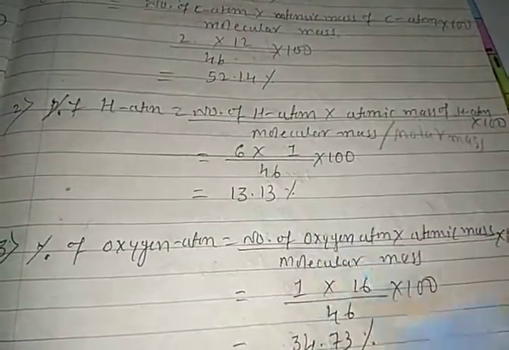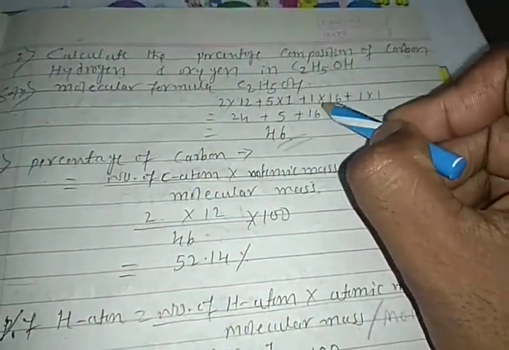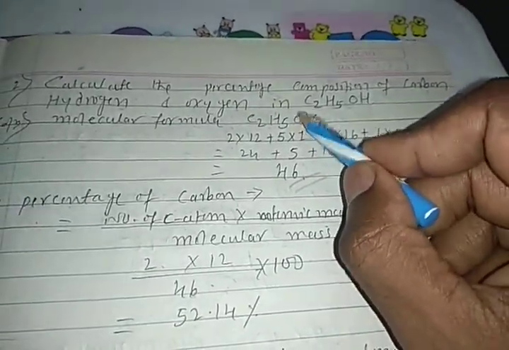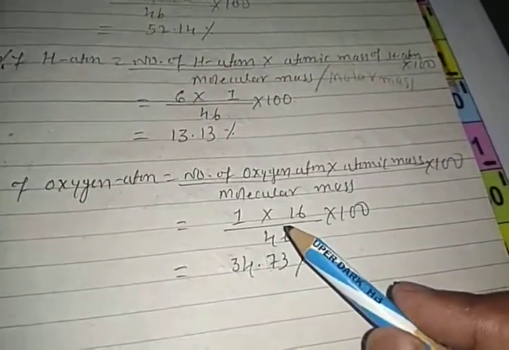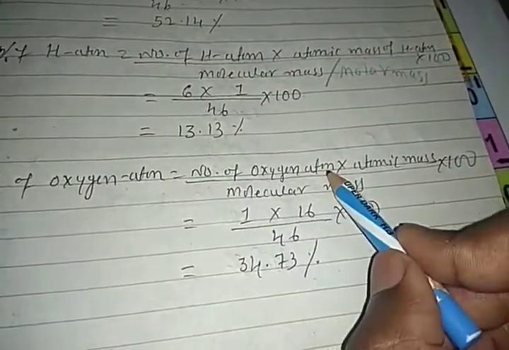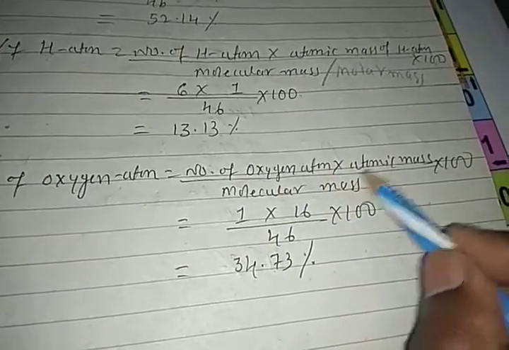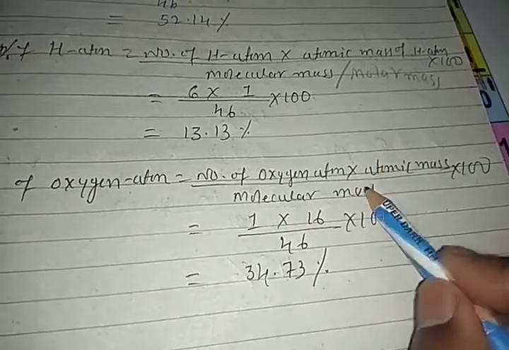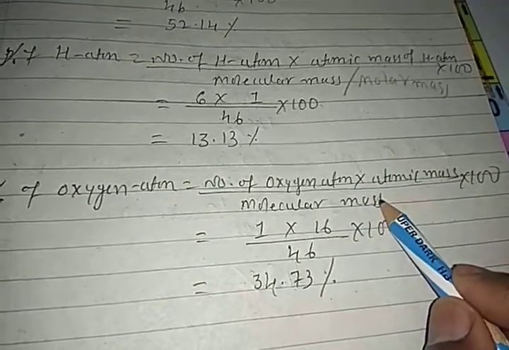Right, students? And the next is the percentage of oxygen. First we calculate how many oxygen atoms. One oxygen atom is present in this formula. Only one oxygen atom. So the number of oxygen atoms into atomic mass, whole divided by molecular mass, or you may write molar mass, into 100.